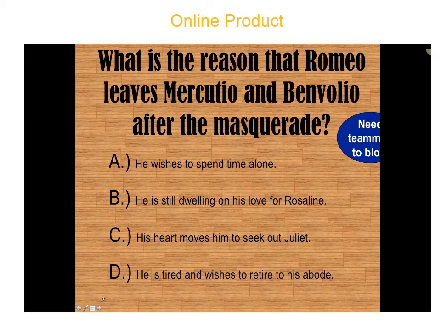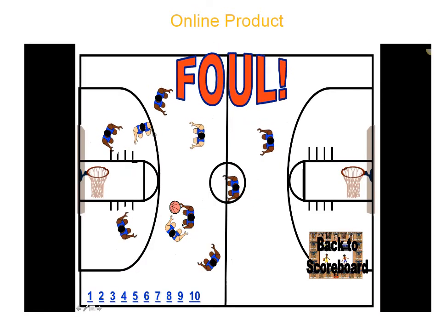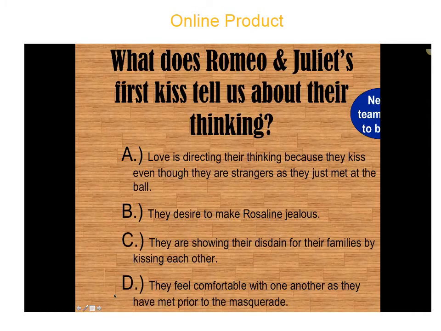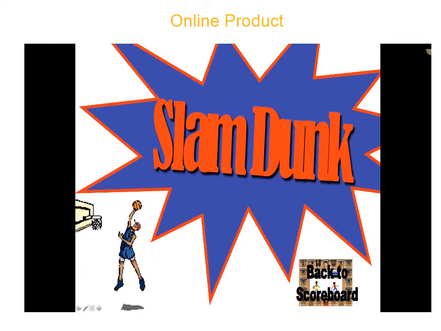Let's see what happens if we get an answer wrong. Well, that's not so pleasant. Next question. What does Romeo and Juliet's first kiss tell us about their thinking? Y'all ready for this?